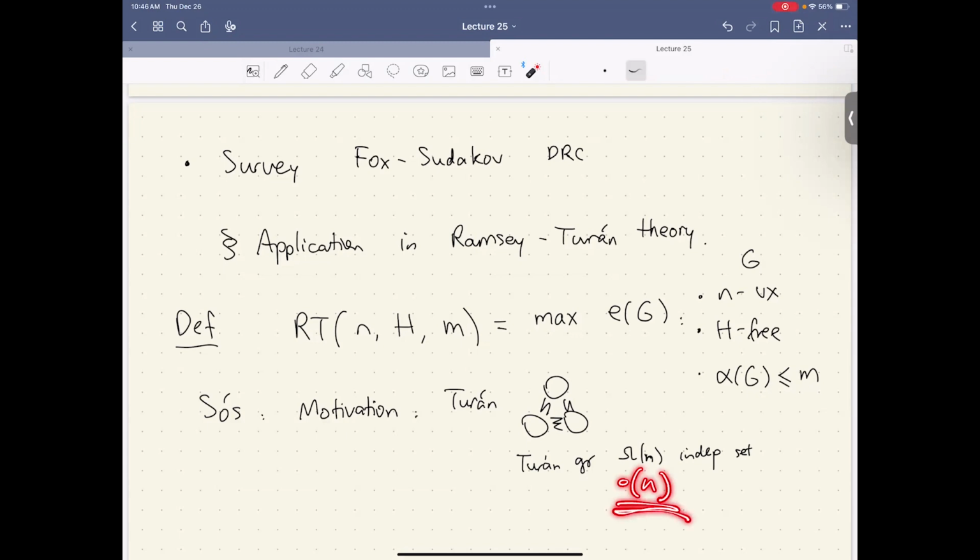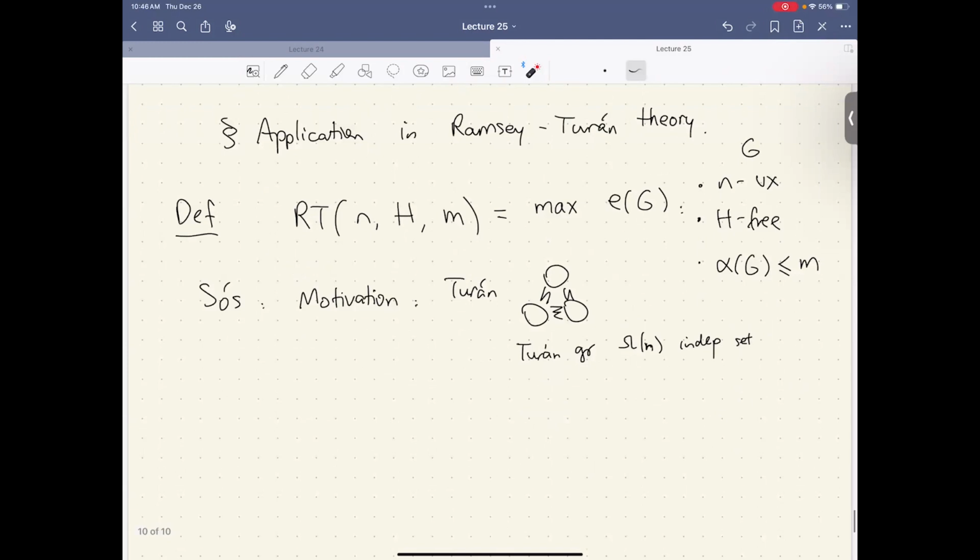This is the most classical case. If we require that we don't see linear size independent sets, how much is it going to affect the maximum number of edges? And later, the application I'm going to mention is we're going to go below this classical regime, where the independence number is sublinear, much smaller, polynomially smaller than n. In particular, the inverse function of the triangle Ramsey number, square root n log n.